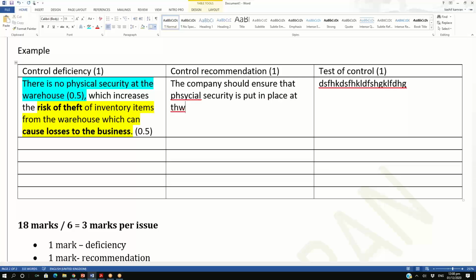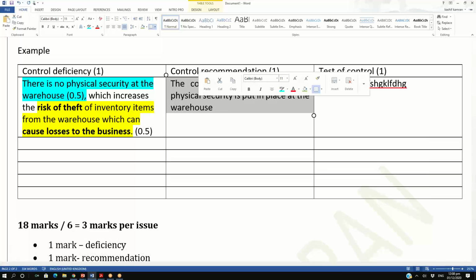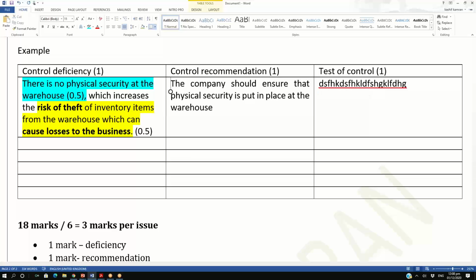Now you just put the recommendation that there should be physical security. Your recommendation cannot be dragged, right? Because your recommendation should be just a sentence, giving a recommendation that if they don't have physical security, they should have it. So see, it's just a sentence giving me 1 mark. So you're just recommending. Recommending means a bullet, a sentence.